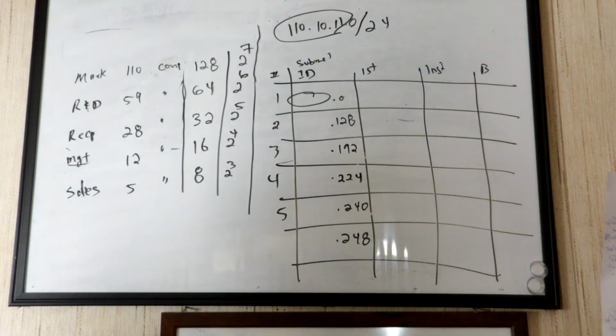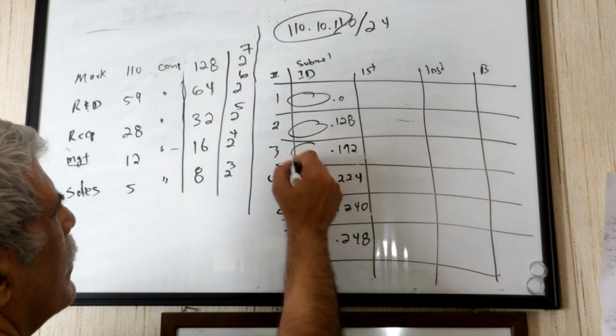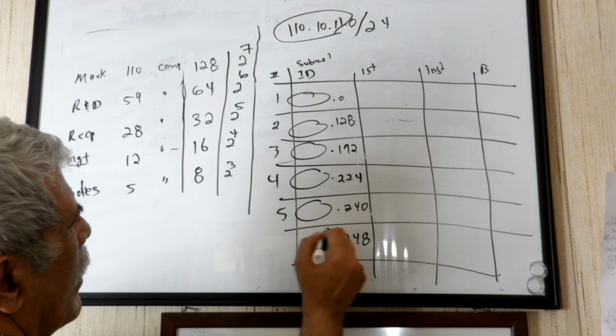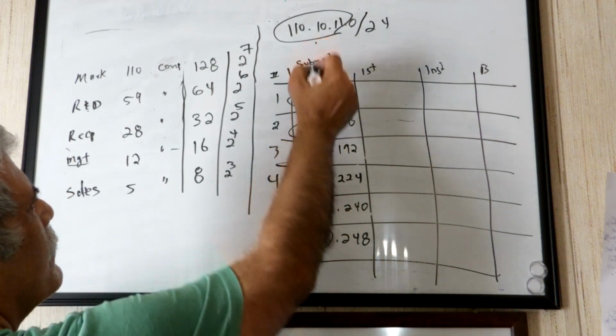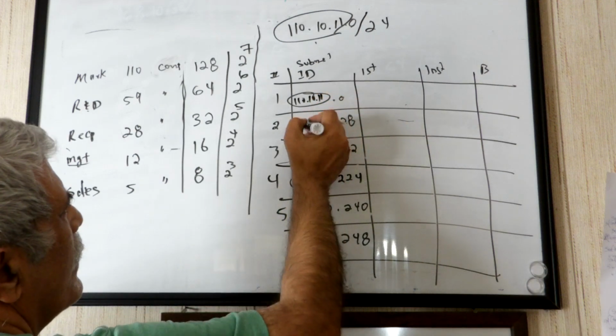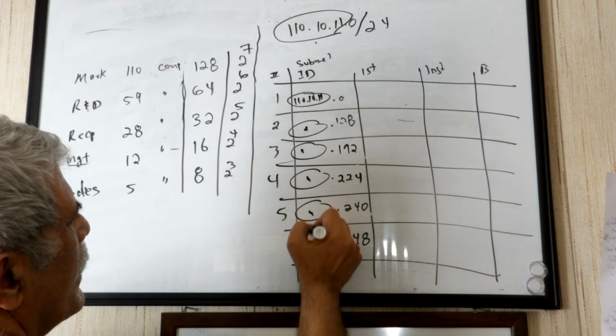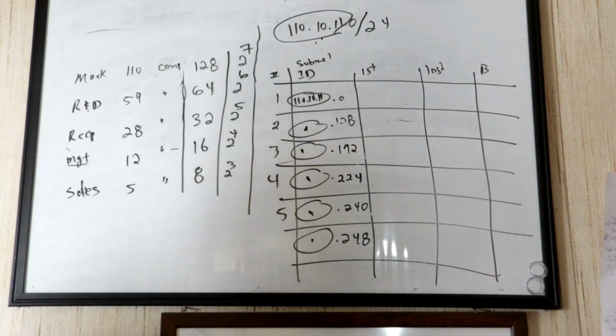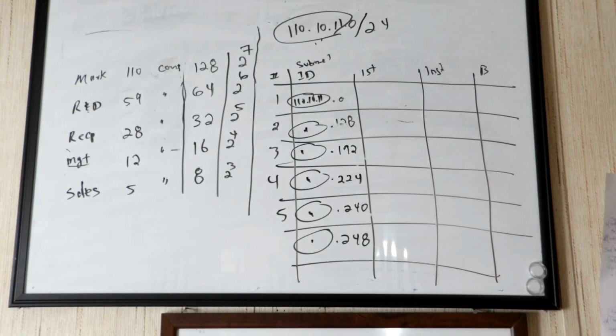The first host, these are all exactly like this. I don't want to repeat the 110.10.11 all the time. What is going to be the first host for that?